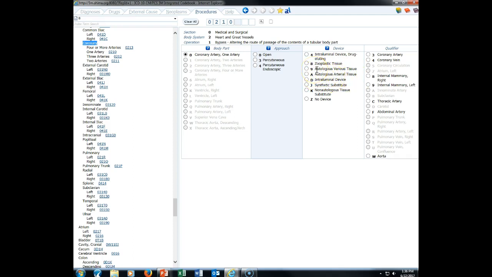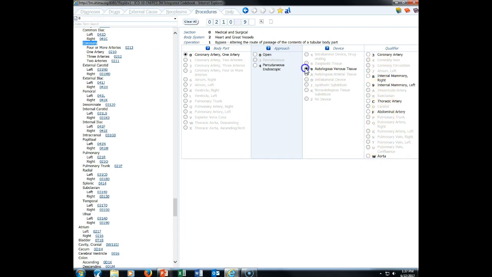We'll spend more time on this when we're in chapter 9, but this could be saphenous vein from the leg. This could be a mammary artery from the chest. I'm just going to choose venous tissue, and then the qualifier would typically be the aorta, because that's where we're going from, the aorta, using the autologous venous tissue.